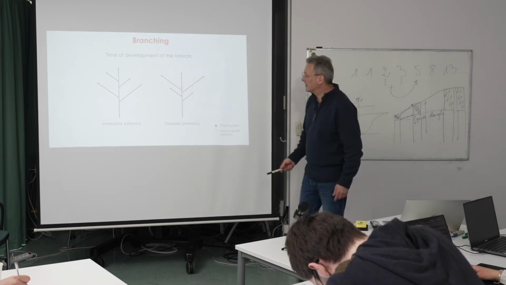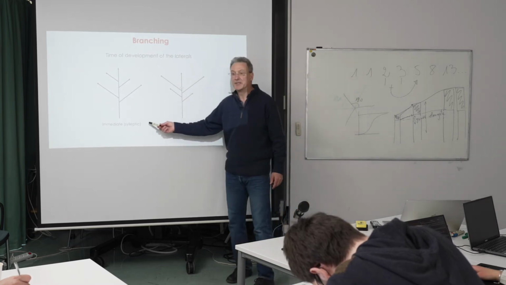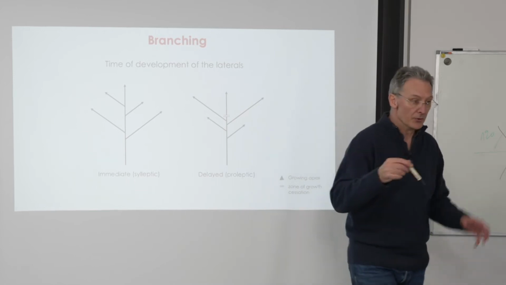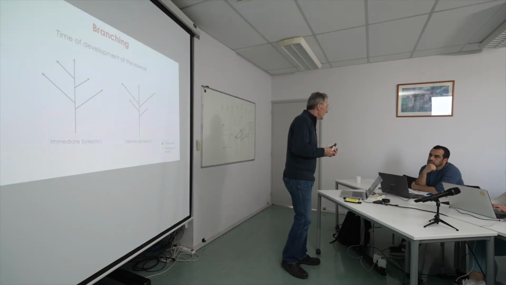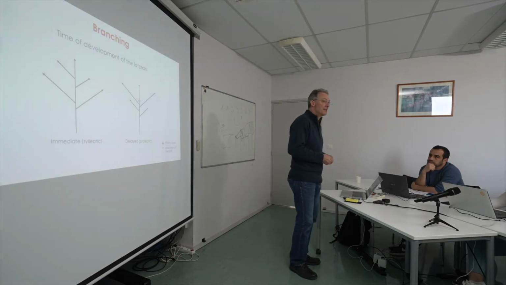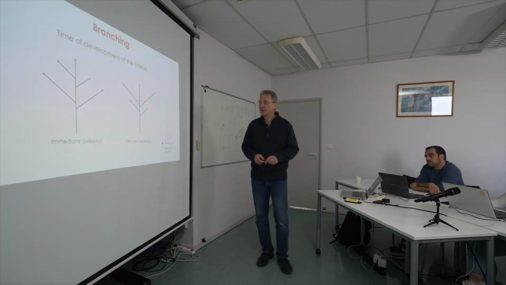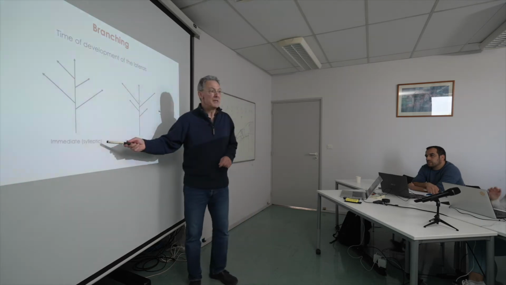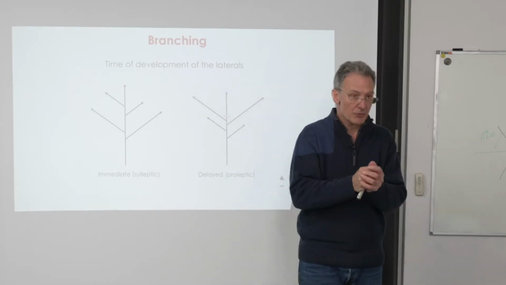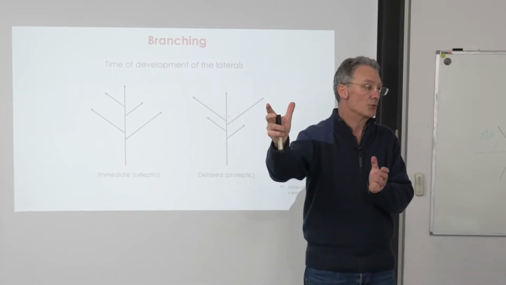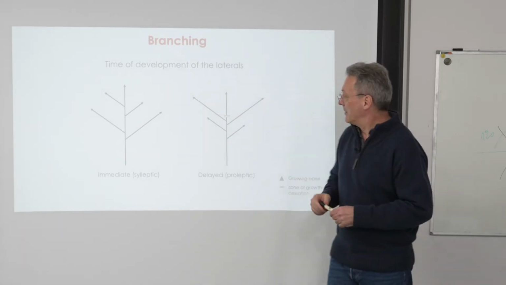Again, the branching can be immediate, and again, it's important. All these notions are important because this will help in creating these 3D virtual plant programs. The branching can be immediate, as soon as a lateral bud is made and starts to grow out. But it can be delayed.